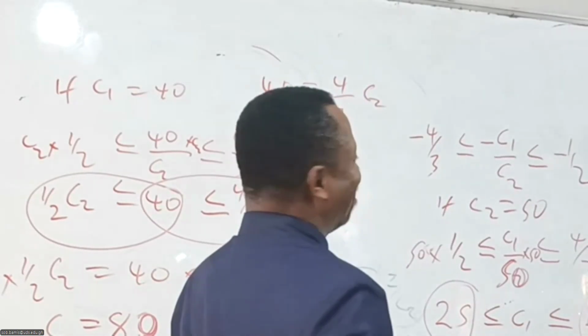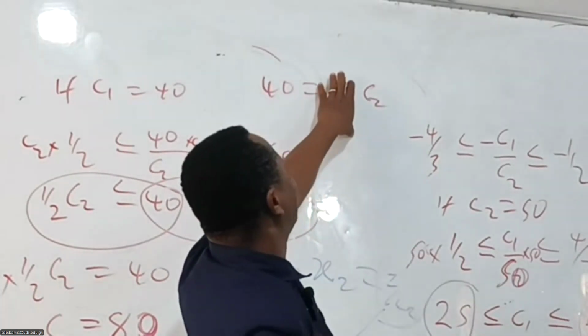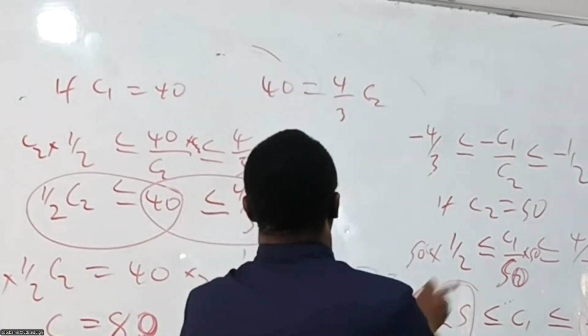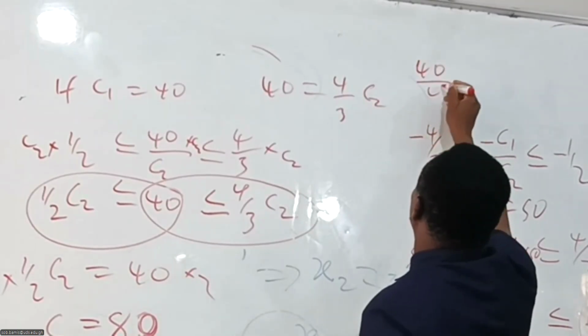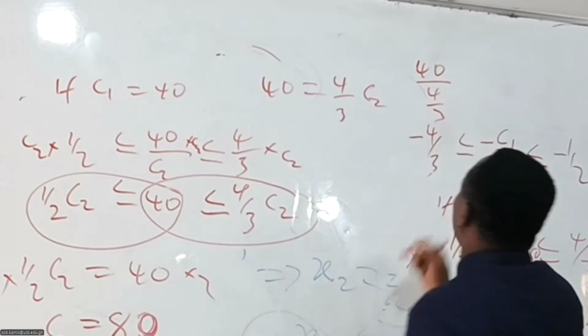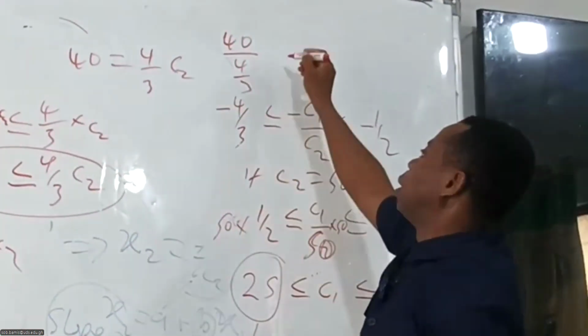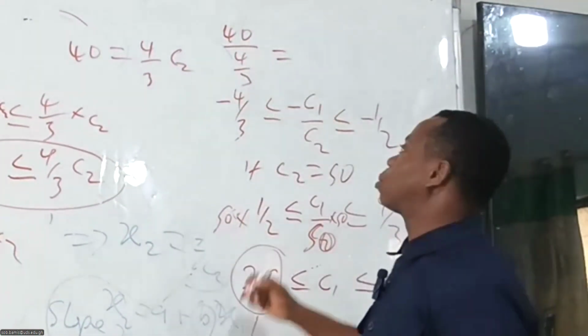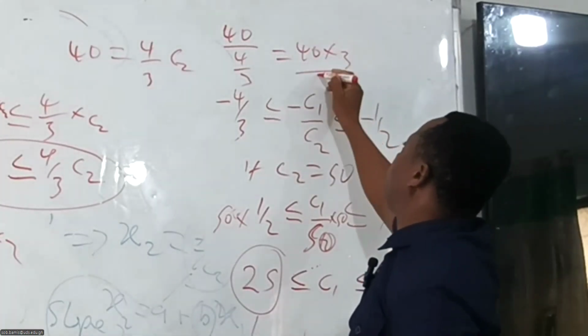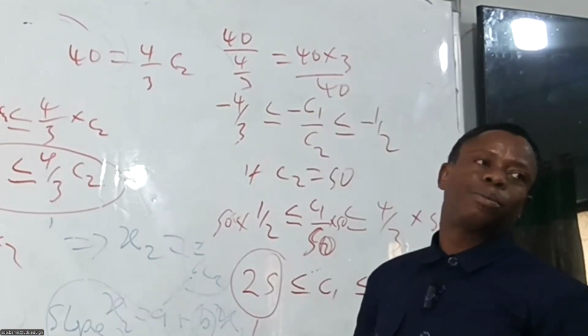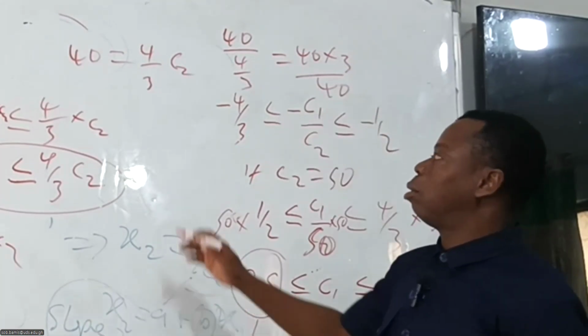If you want it to be short, this is more or less like 40 divided by 4 over 3, which is the same as 40 times 3 divided by 4.